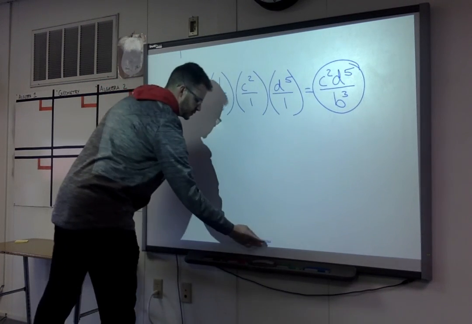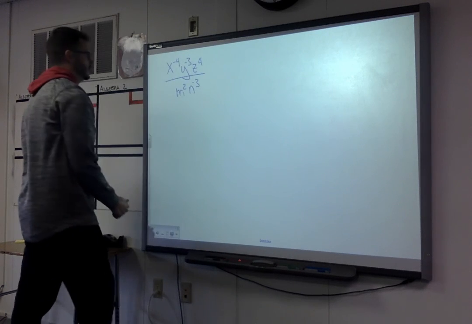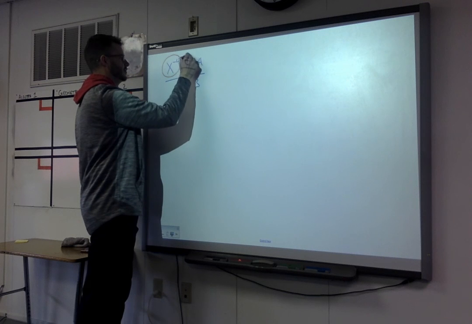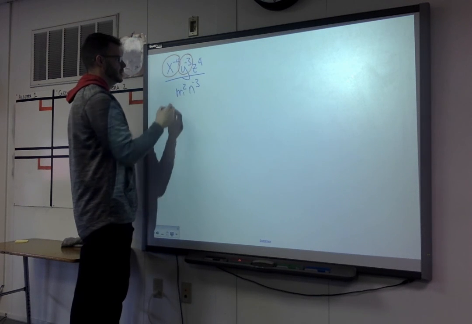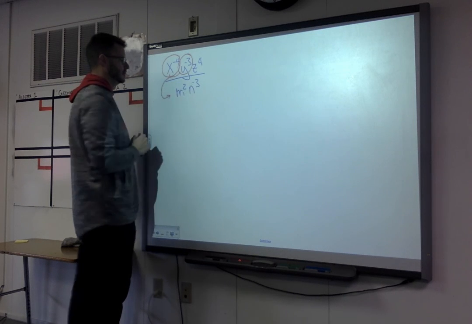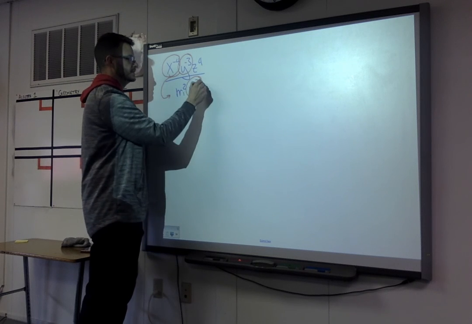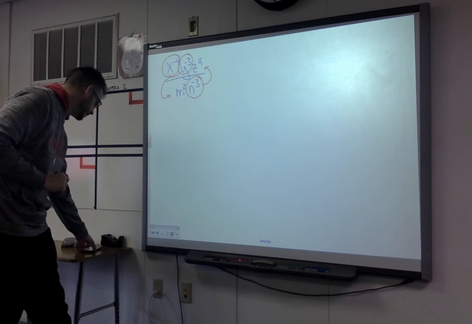Now if we do this without taking all the steps we did on the one up above, we can look at it and just say we have x to the negative 4th, y to the negative 3rd in our numerator. So we have to take both of those and move them to the denominator. We have n to the negative 3rd in the denominator, so we need to move that up to our numerator.